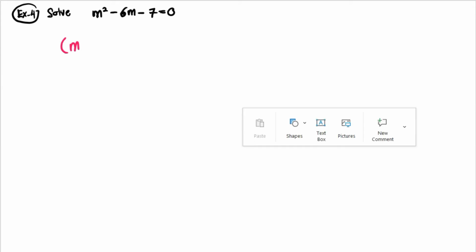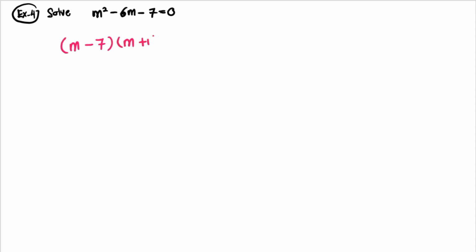This will be m minus 7 times m plus 1, yes, because negative 7m plus m becomes negative 6m. So m minus 7 equals 0, and m plus 1 equals 0. So m is equal to 7 and m is equal to negative 1. So this is what we call the answers or the roots.